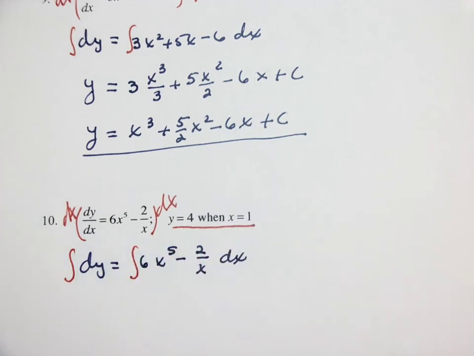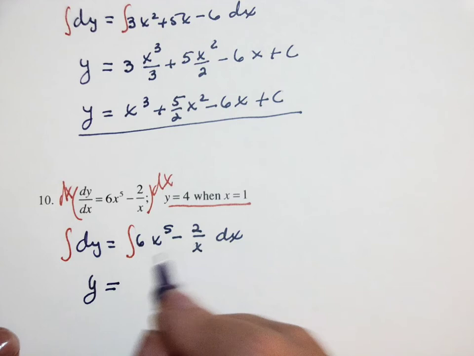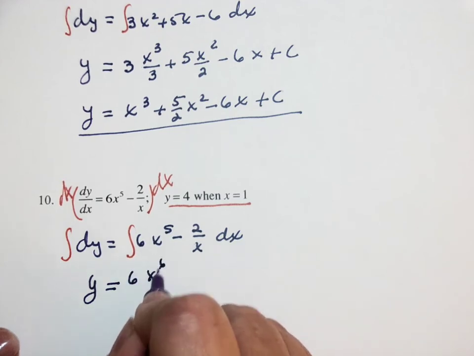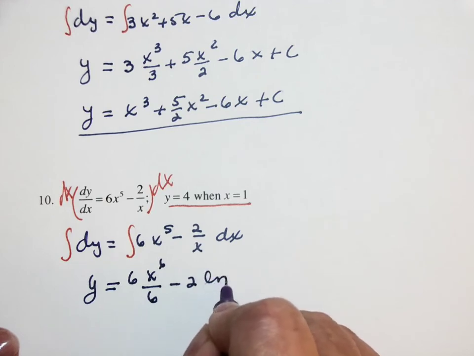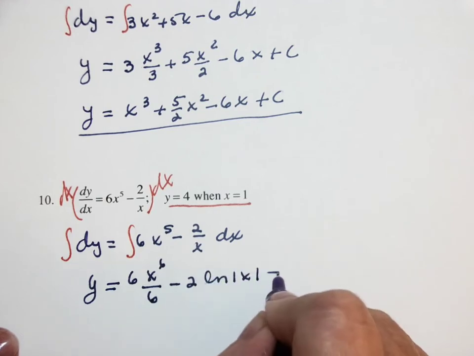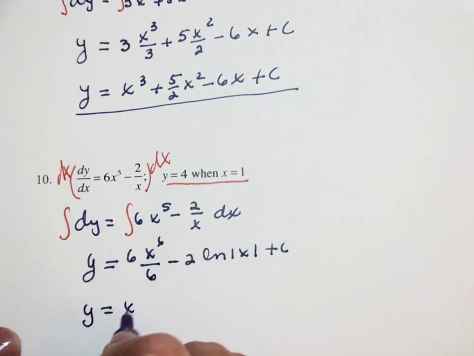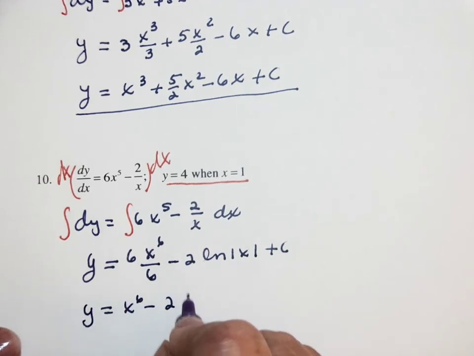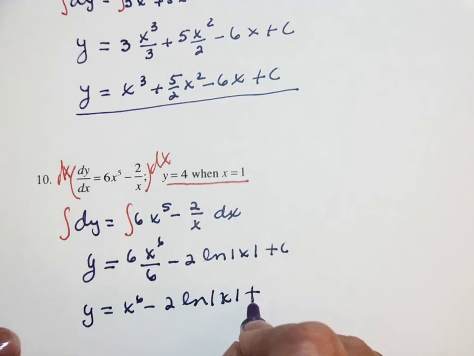Integrate both sides so that y is 6x to the 6th over 6 minus 2 natural log of the absolute value of x plus c, or y equals x to the sixth minus 2 natural log of the absolute value of x plus c.